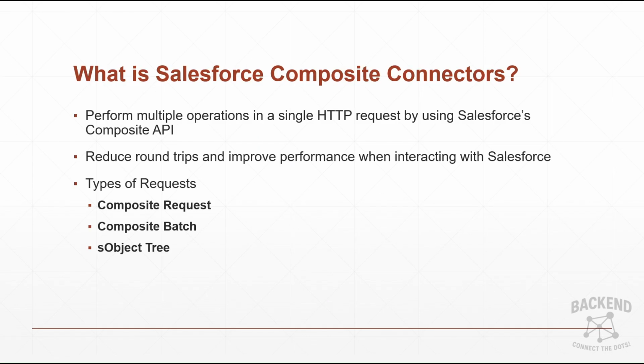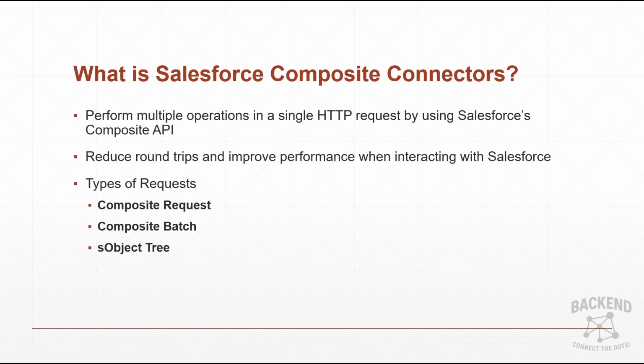In this slide, what we want to talk about is how the Salesforce Composite Connector is different from the regular Salesforce connector. For me, the main definition of the Salesforce Composite Connector is to handle multiple requests in a single call, and it is handled by the Salesforce Composite API. Salesforce has exposed the Composite API.